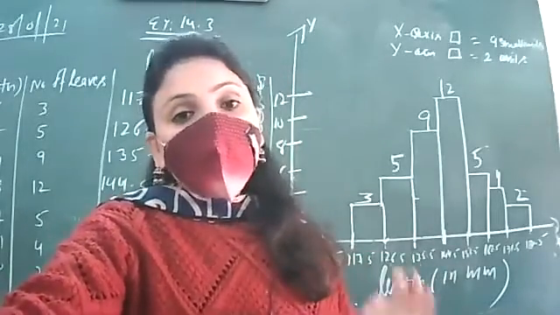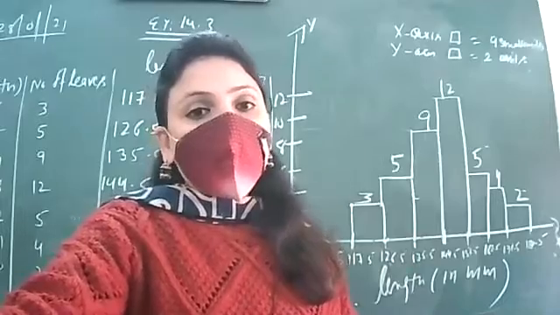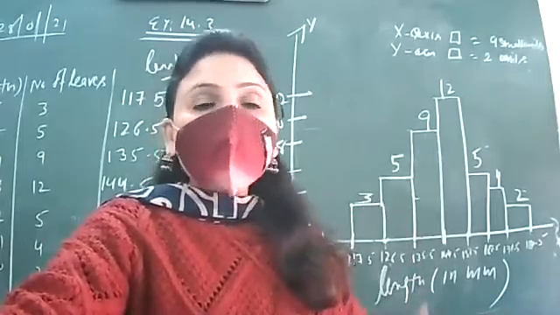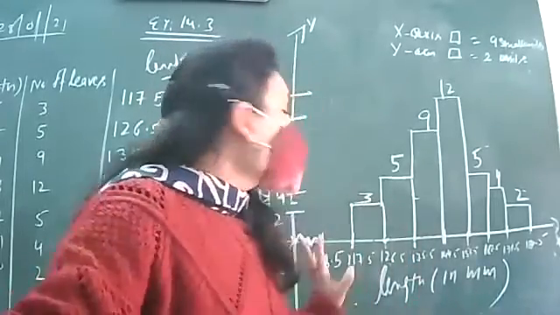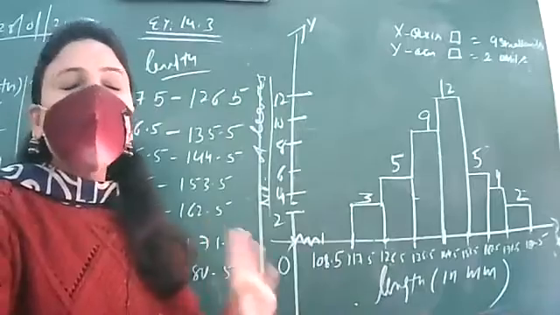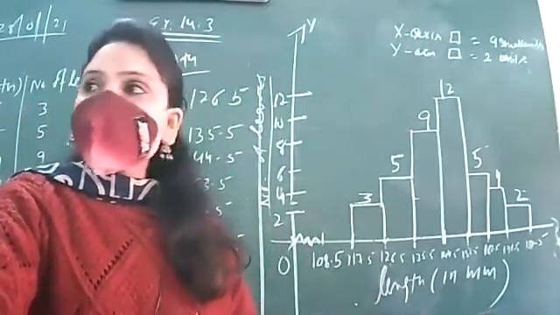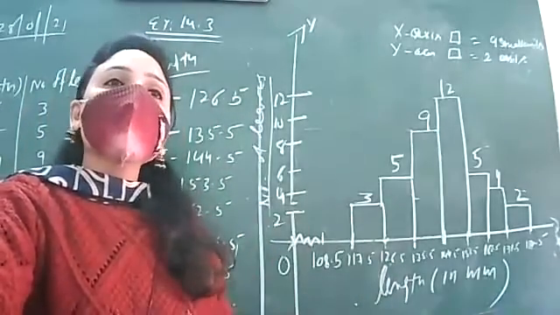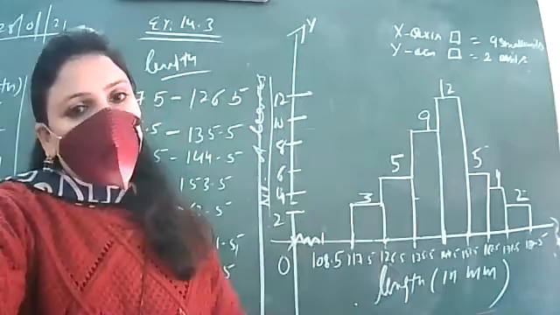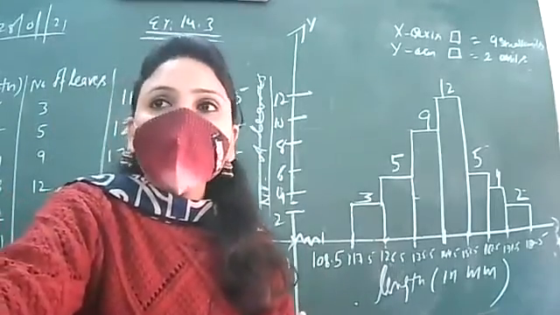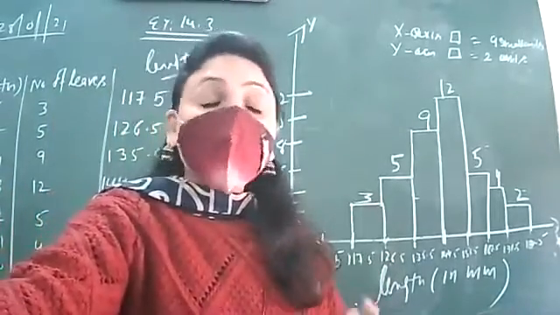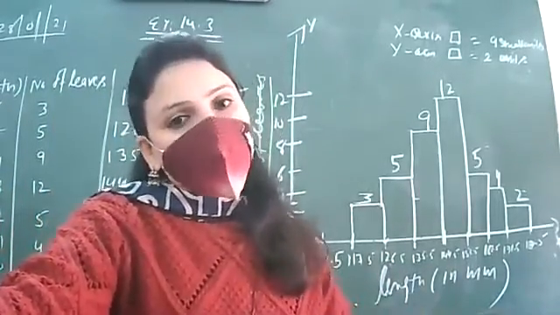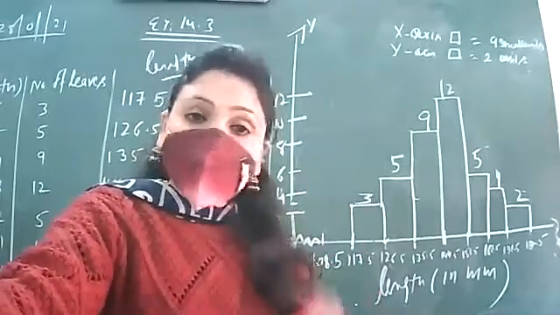So whenever you are to attempt the question of histogram, firstly you have to see whether the intervals are in exclusive form or inclusive form. If they are in exclusive form, then it's okay, directly go with the drawing of the histogram. But if it is in inclusive form, then firstly you will shift it to exclusive form.